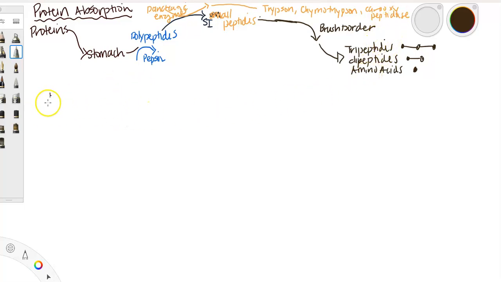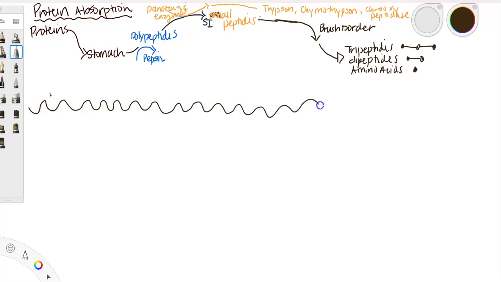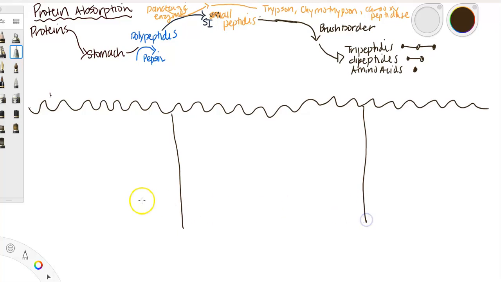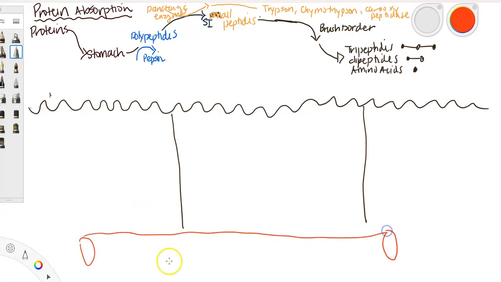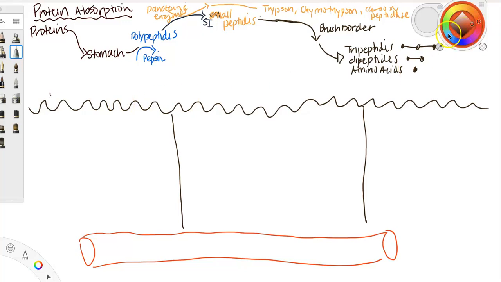Okay, so looking at our cells here. So make a big cell here, big cell here, and our little blood vessel here. Okay, so we know this right here, all the way down, is the brush border.